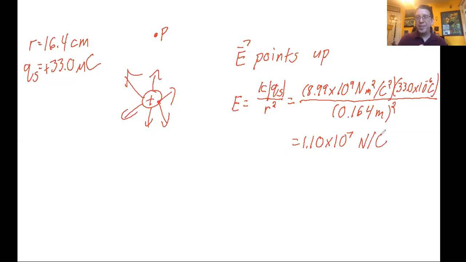Okay, so that's how you figure out the magnitude and the direction. Usually if the problem's written like that, it's easier to figure out the direction first. So it's coming out of the positive charge. And then for figuring out the magnitude, again, you just use the formula, but you put absolute value signs around the charges.